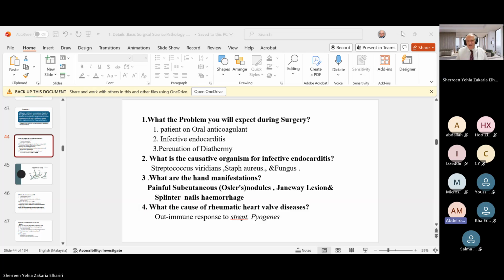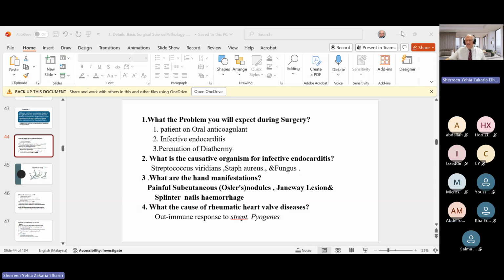I know that answer, doctor, but I talked about the cause of rheumatic heart in general, maybe congenital, maybe risk factors also.